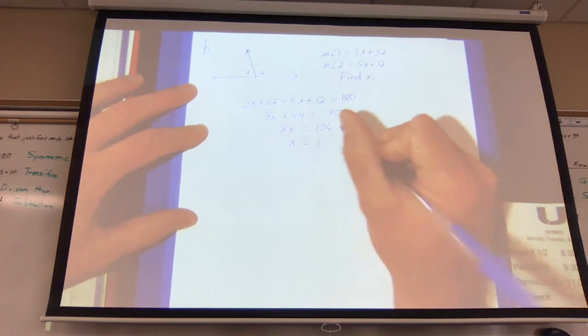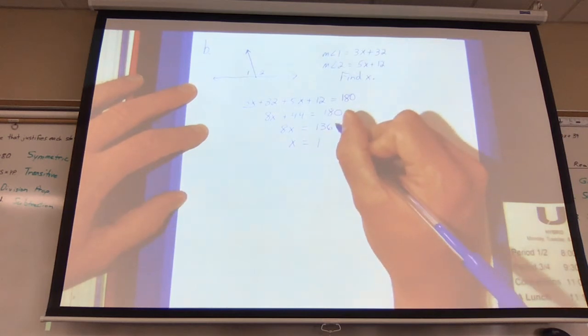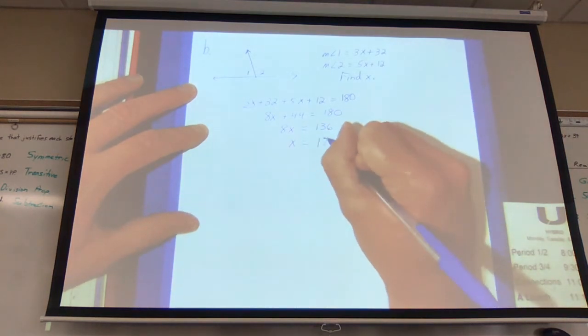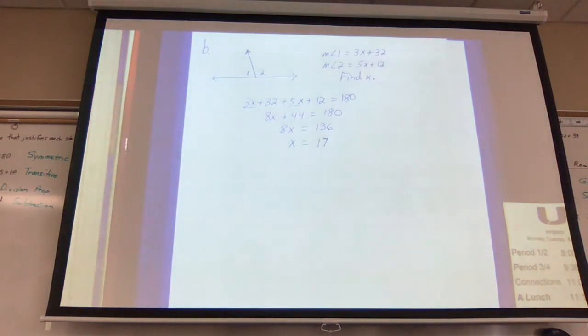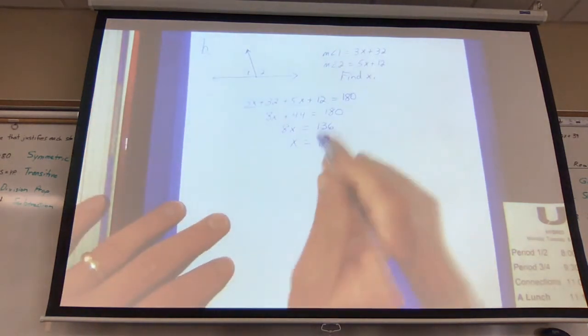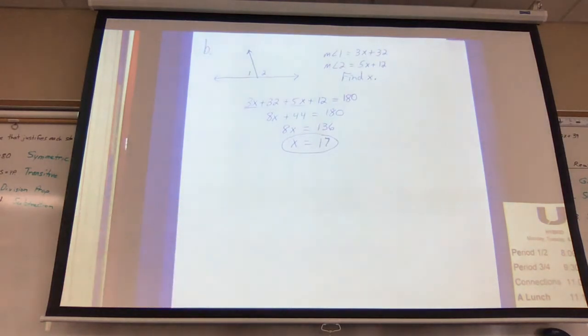That's going to go in there once. 56 divided by 8 is 7, so 17 times. And they wanted us to find x, so that's all the further we have to go. X is going to be 17.